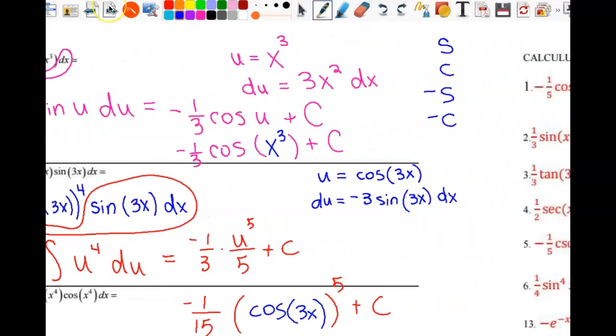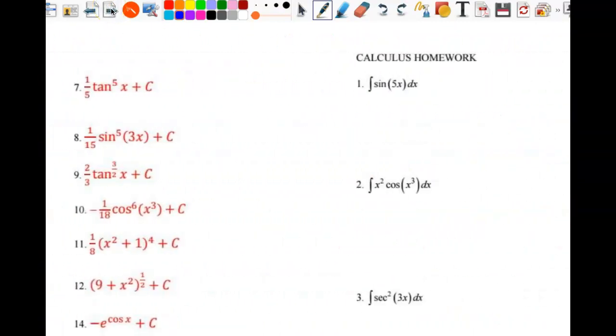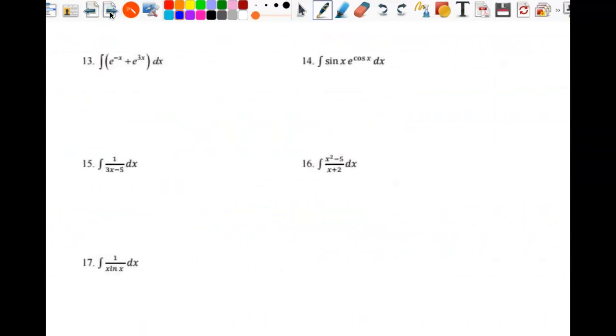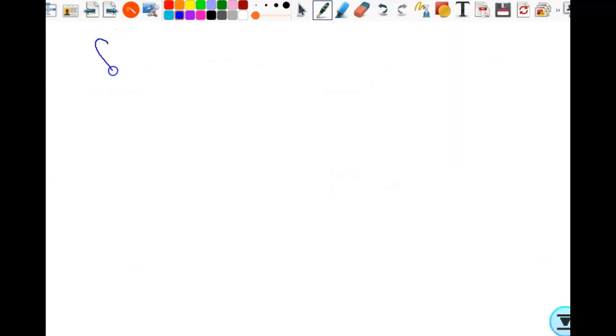So integral x times the square root of x plus 3. So do you see, the only thing I did was I removed that square from what's inside the radical.